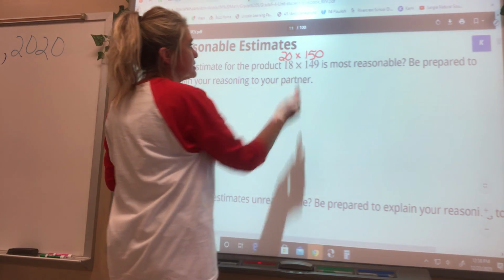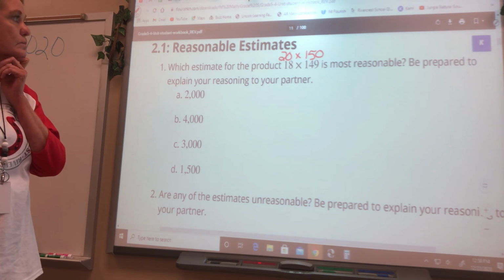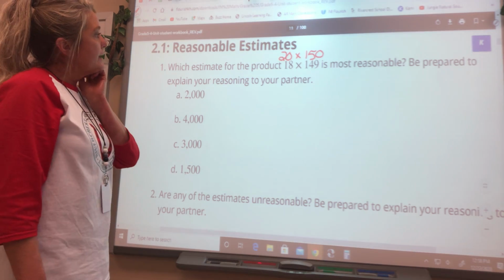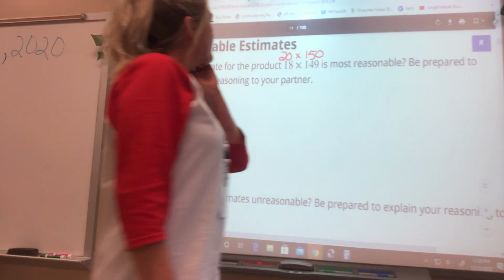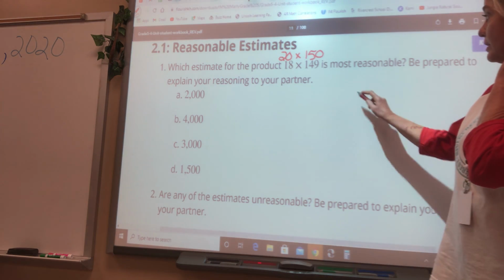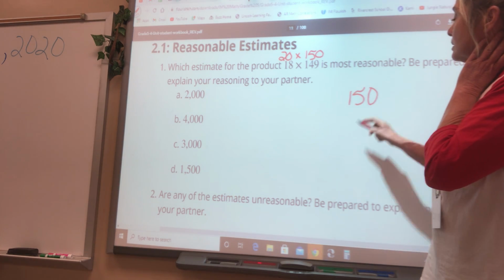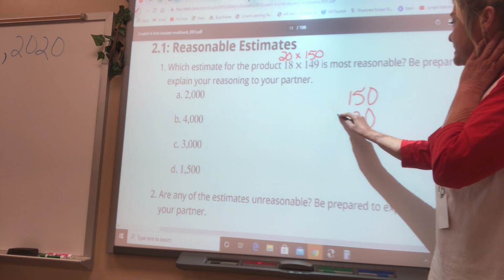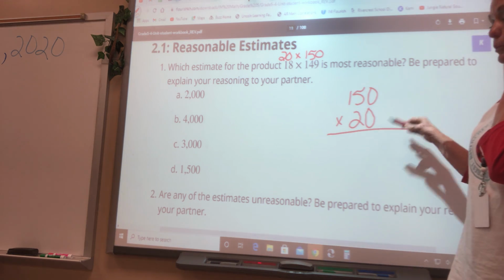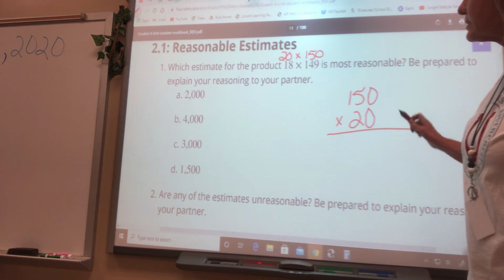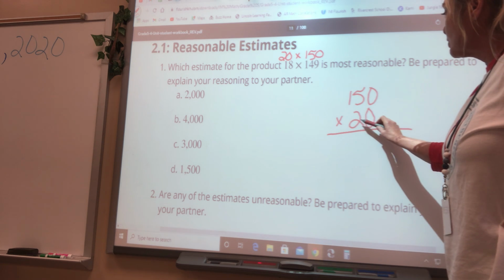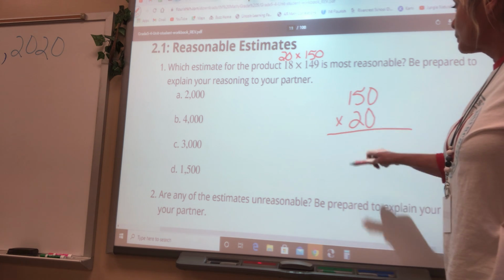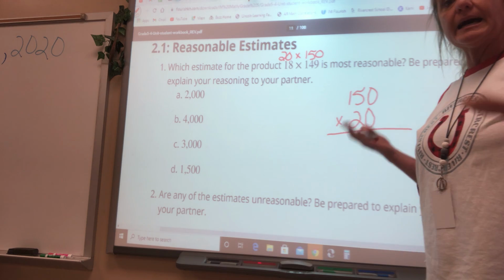That's the closest number to round to, right? Okay, and now I know, using quick math, if I'm working with powers of 10 or multiples of 10, I can multiply the whole number of parts. 2 times 15, I know that.